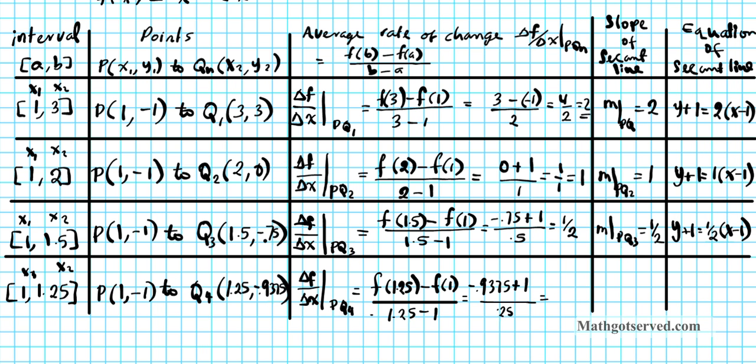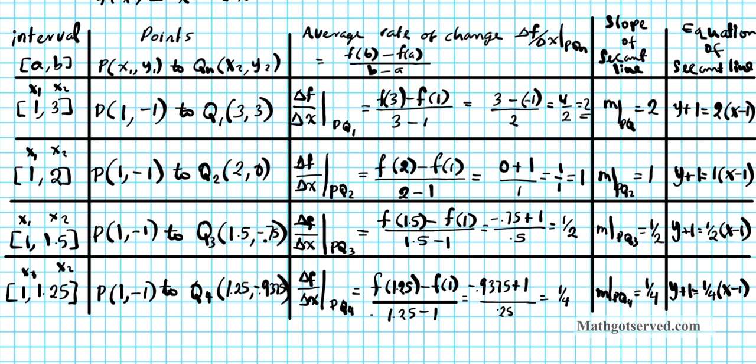That's our slope. So the slope of our fourth secant line, PQ sub 4, is 1/4. Now we can write down the equation of our fourth secant line: y minus y1 is y minus negative 1, which is y plus 1, equals 1/4 times x minus 1. So there you have it.